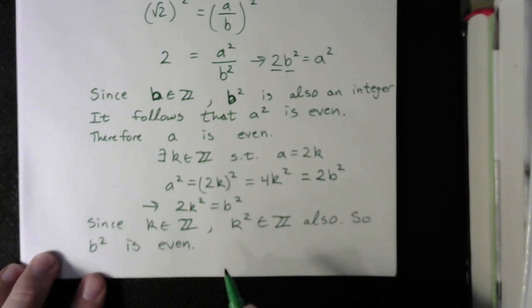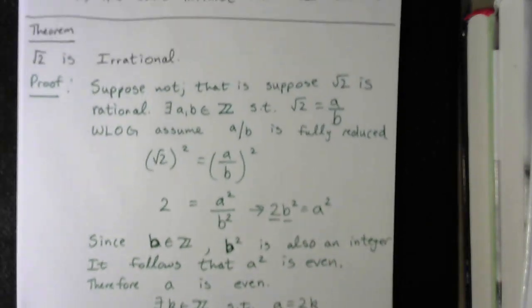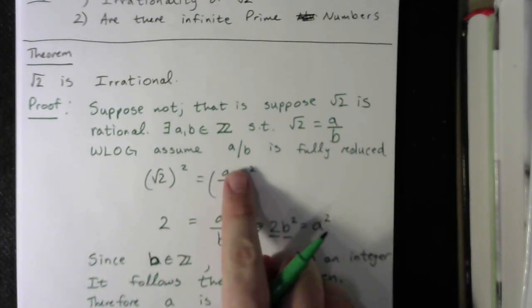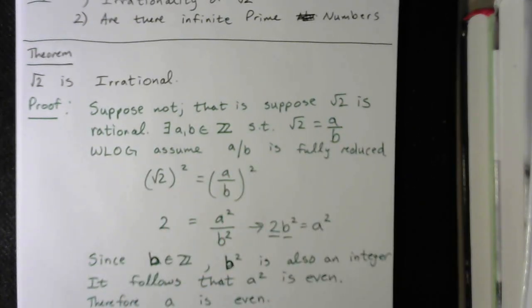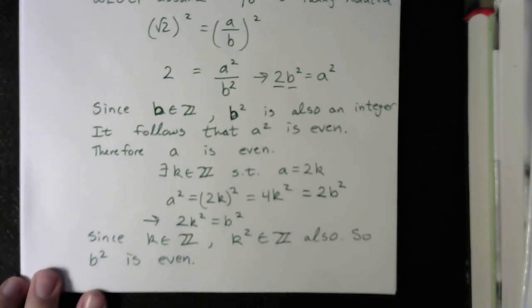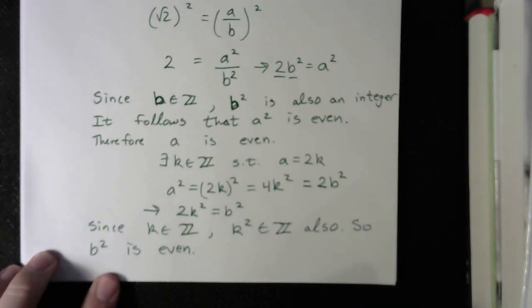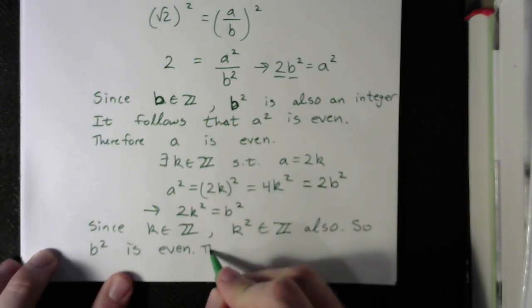So here's where it gets interesting. So we're going to come back and remember that we assumed that a over b was fully reduced already to start this proof, because we should be able to do that. So if b squared is even, then b is even.